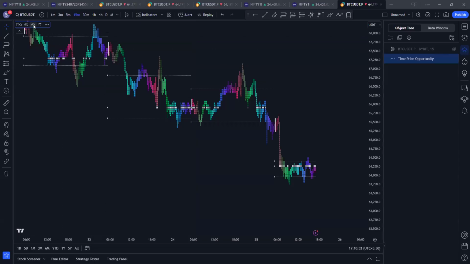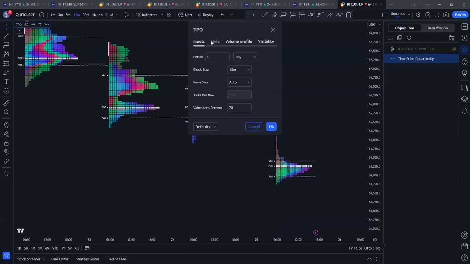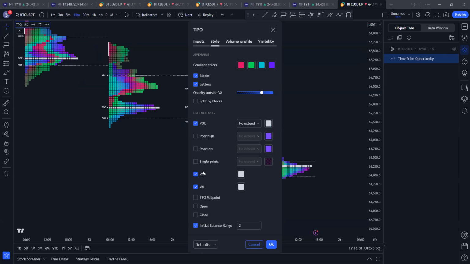So this is basically our TPO in the split block view. All the settings are available here. I will make another video on how to set it up, but I will give you a brief overview. POC is the point of control. It means where most of the volume took place, like on the bell curve I showed you, the average or middle, the fair value, the midpoint where most of the action took place.